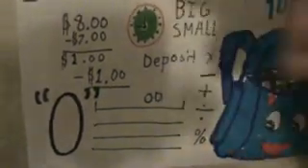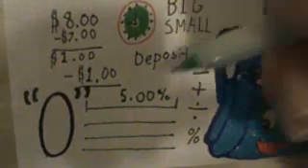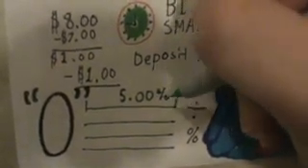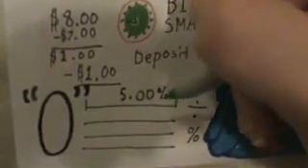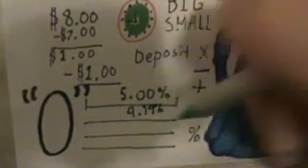A lot of times the banks would do 5.00, and then they add a percentage, which could be equal to a percentage they have, or it could be 4.119 for a percentage or something.